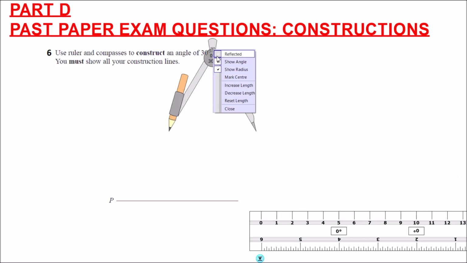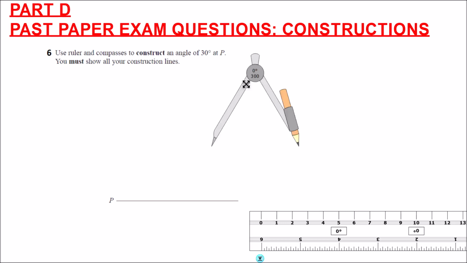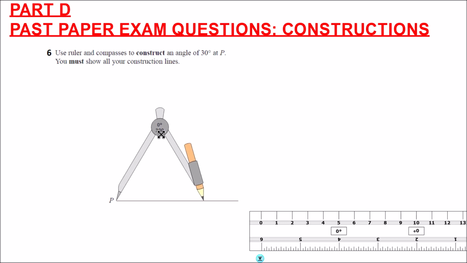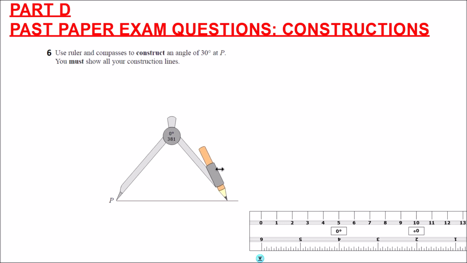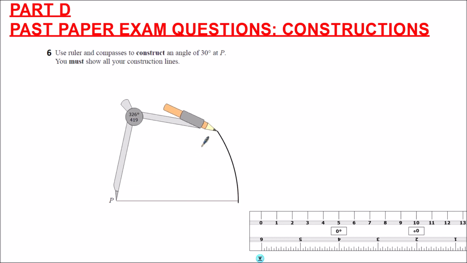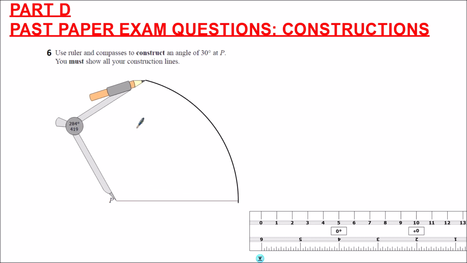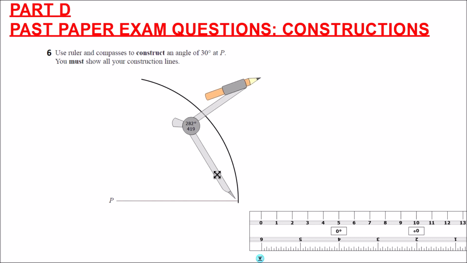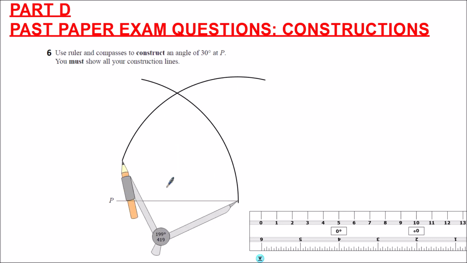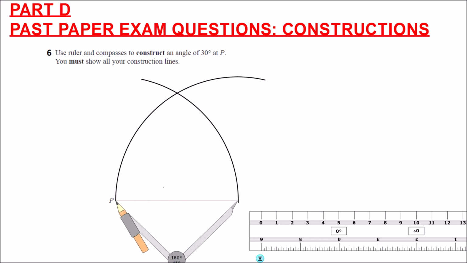So we're going to put the point of compass at point P, widen it to the end of the line, then do a curve going up and over. Now we're going to do the same from the other end of the line, like so, so that these two curves cross over.